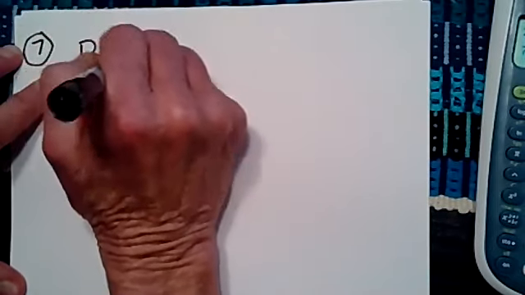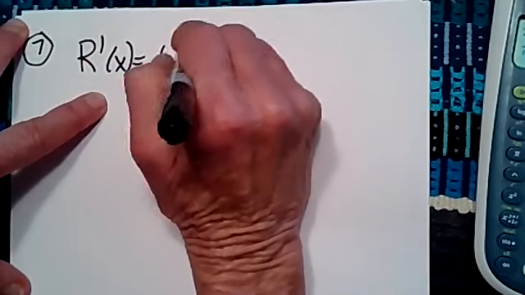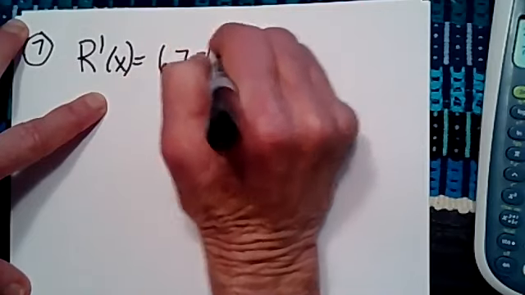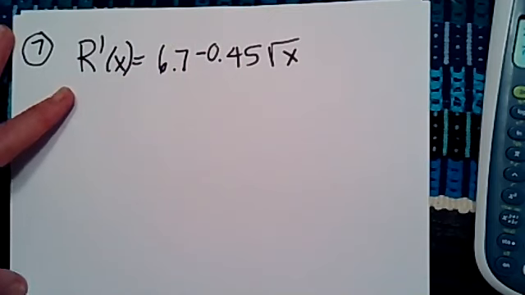And so this is question 7. The marginal revenue from the sale of X bottles of perfume is given by 6.7 minus 0.45 square root of X dollars per bottle.